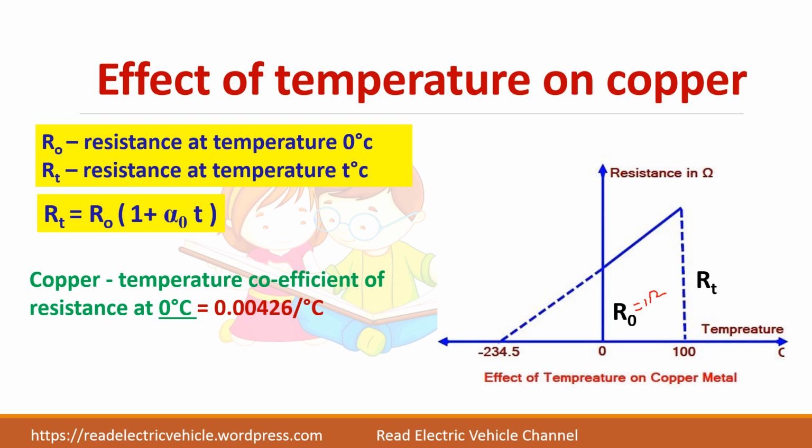Okay, so in this case, I will write 1 plus this value alpha naught into 1, because at 1 degree, so this is at 0 degree, at 1 degree, so I am writing 1 here. So what happens, 1 plus 0.004. So this will be your resistance at 1 degree. Similarly, for other degrees you can find.